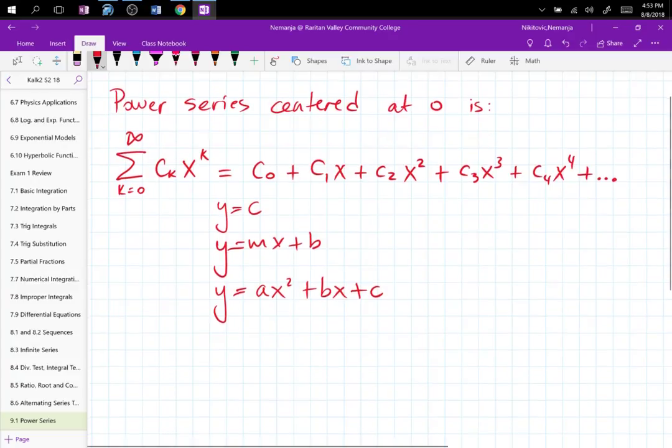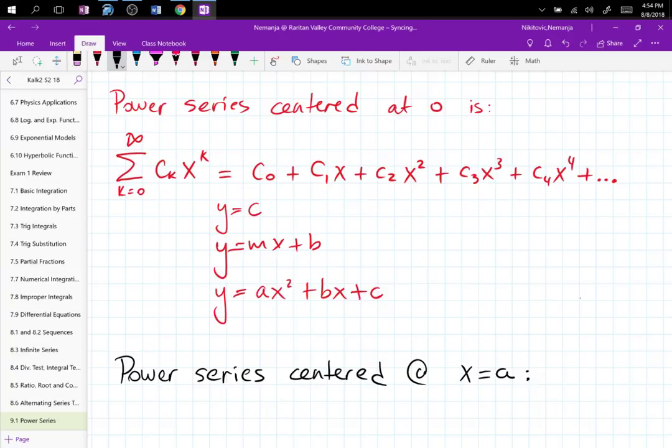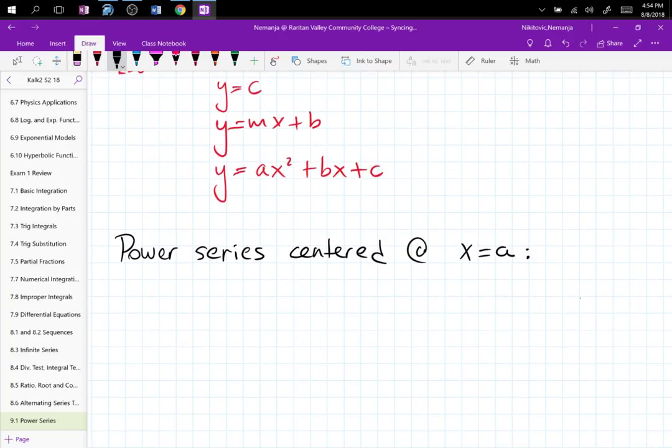Now, this is the first power series. The one that I want to actually pay attention to is the power series centered at x equals a. So we have a summation of c_k (x minus a) to the k, going from 0 to infinity.